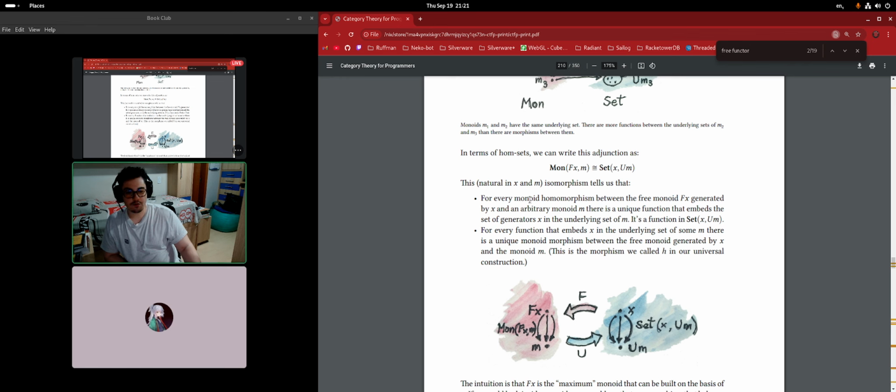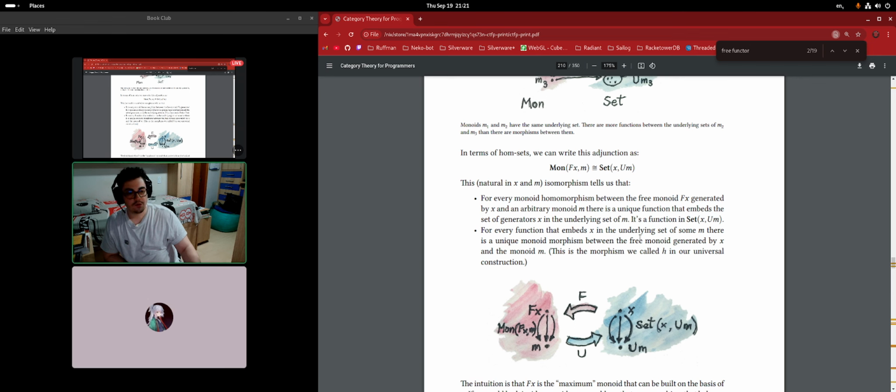For every monoid homomorphism between the free monoid F of X generated by X and an arbitrary monoid M, there is a unique function that embeds the set of generators X in the underlying set of M. It's a function in Set. So let's try to interpret that a little bit.